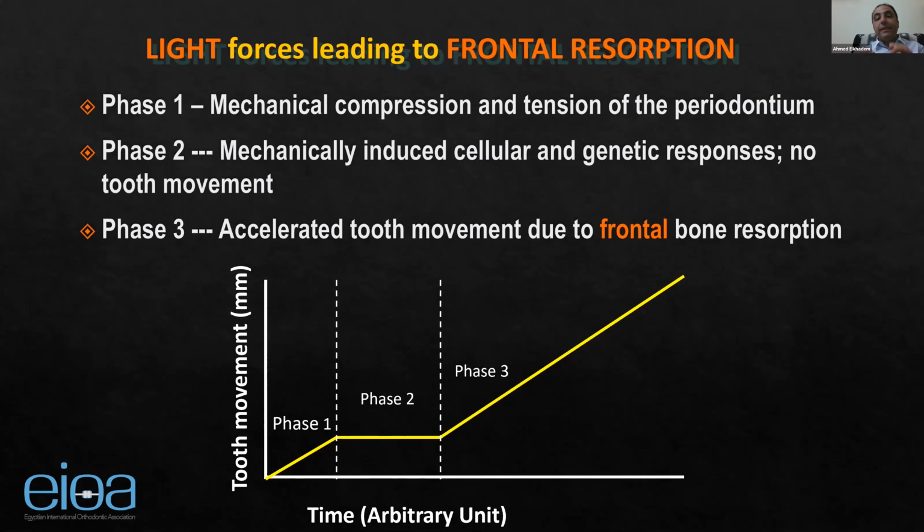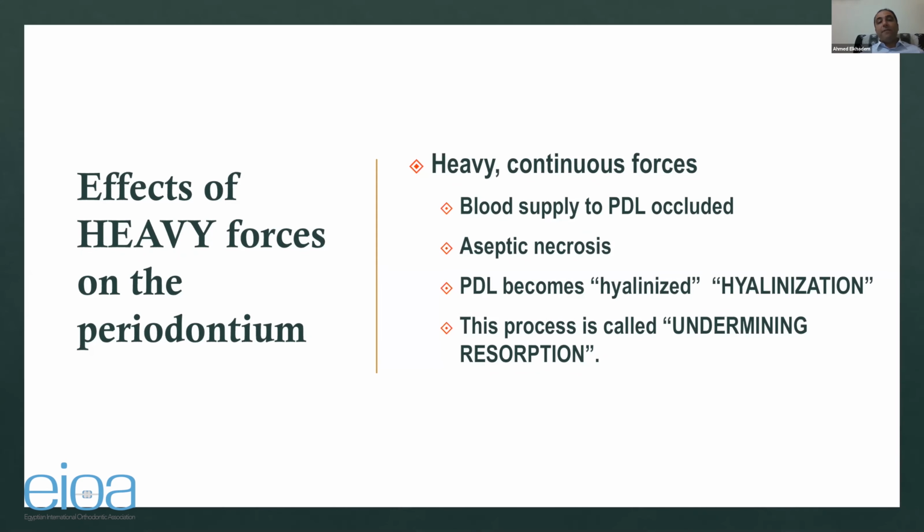So it moves a little bit in that space. Then phase 2, in which there is preparation for the cellular activity, and phase 3 is actually when bone resorption happens. In frontal resorption, tooth movement actually happens within the first 2 days. So after you apply the light forces, you can expect that resorption begins in 2 days.